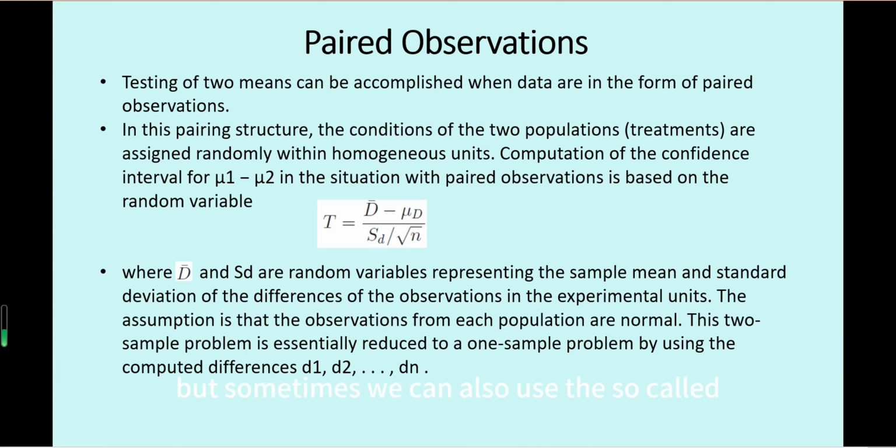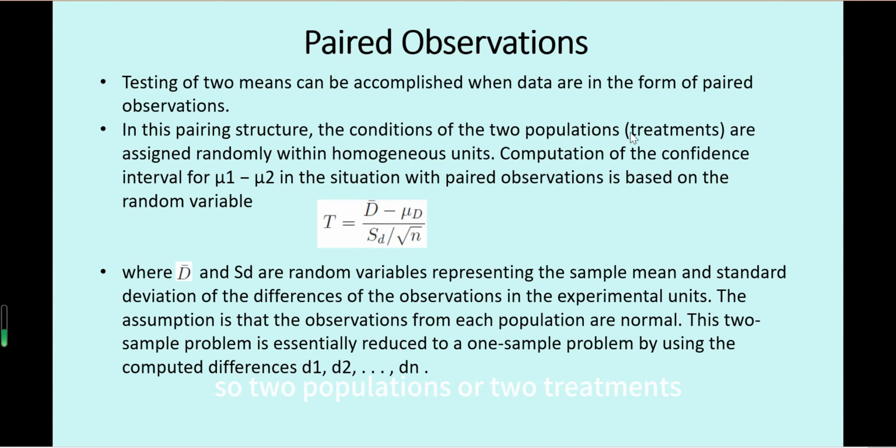But sometimes we can also use the so-called paired observations, or paired experimental design, which means we take the same units, say for example 20 units, then we apply two different experiments or treatments. These two treatments can be called populations.